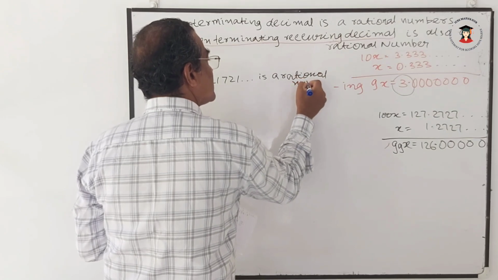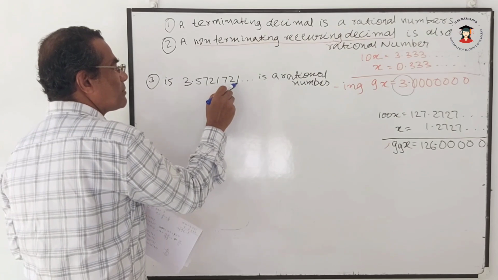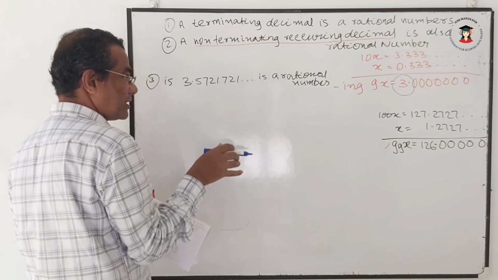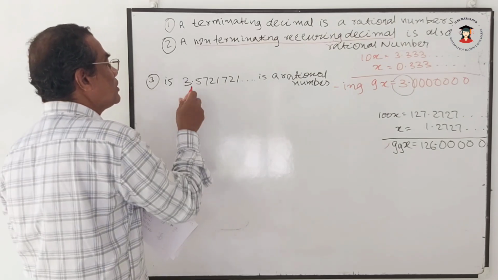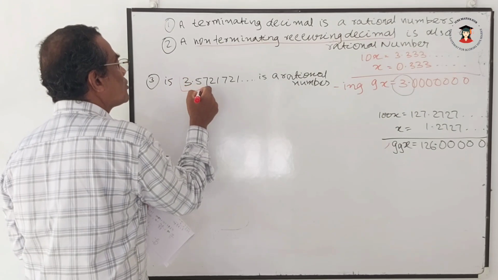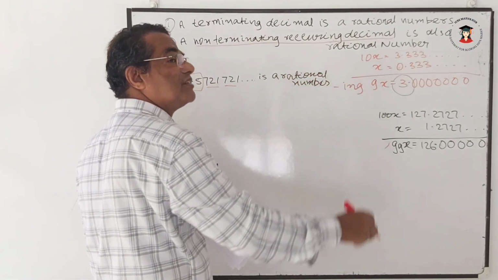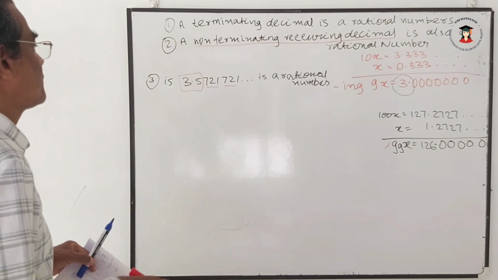This decimal number again comes under the category non-terminating, because here there is dot dot, so it is non-terminating, and again it is repeating. Even though this 3 and 5 are not repeating, 721 is repeating infinitely. So it is again a non-terminating recurring decimal.